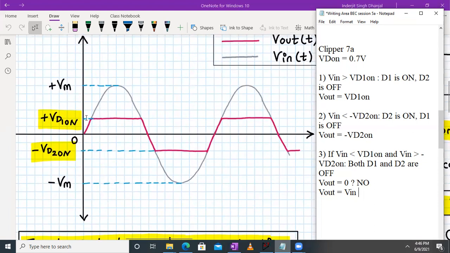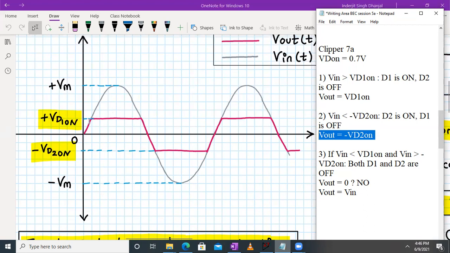So whenever V in is greater than VD1 on, at that time diode D1 is on, and the voltage across the diode is VD1 on. And whenever V in is less than minus VD2 on, the voltage across the diode is minus VD2 on, and diode D2 will be on.